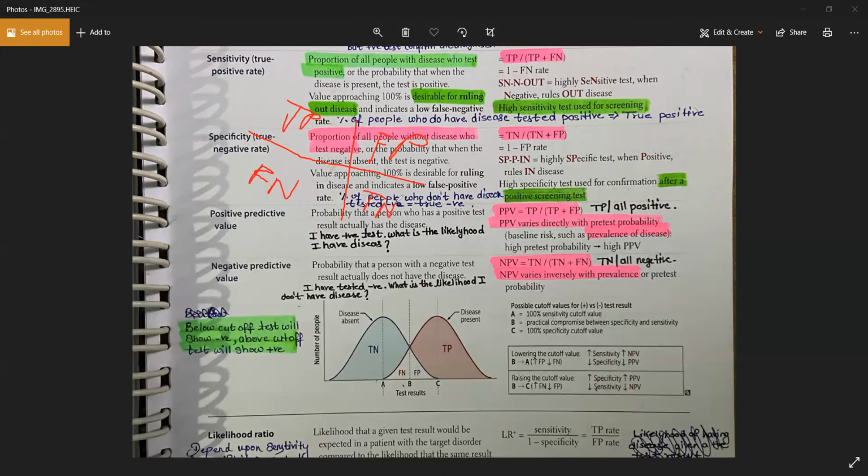And my positive predictive value will be equal to true positive divided by true positive plus false positive, right? If I do 1 minus positive predictive value, this means 1 minus true positive divided by, sorry, only this term will be divided by the true positive and the false positive, right?